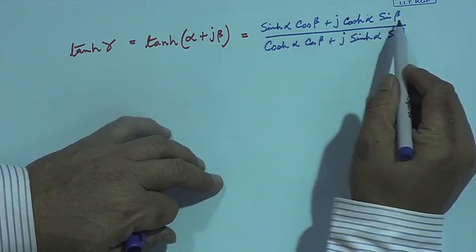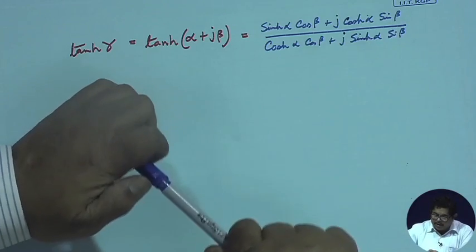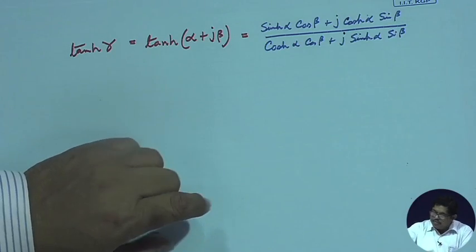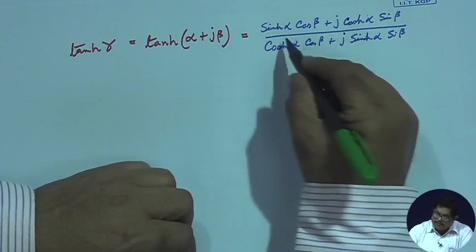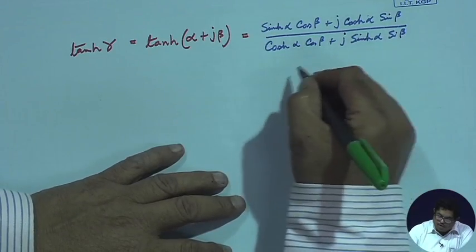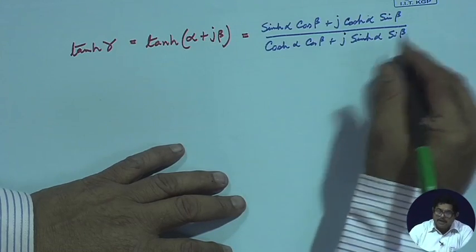Now, numerator and denominator are both complex numbers, a plus jb. So, I rationalize the denominator.